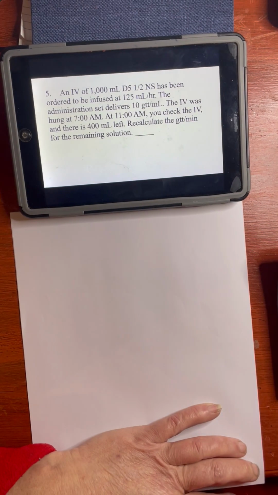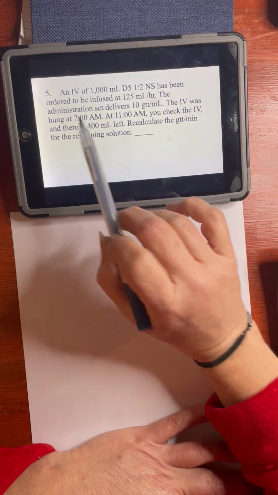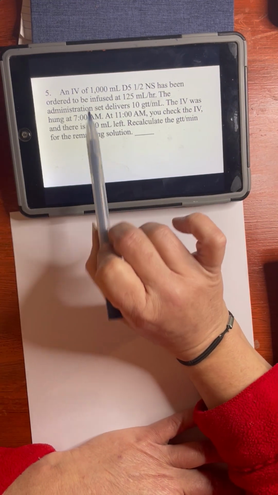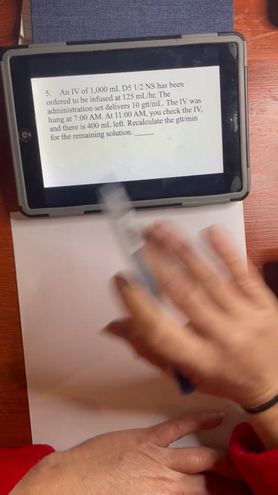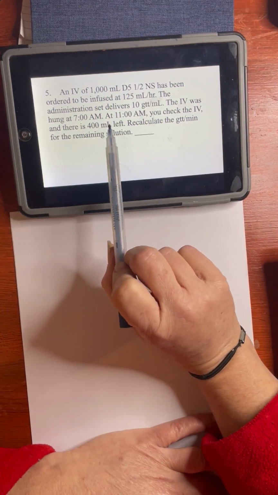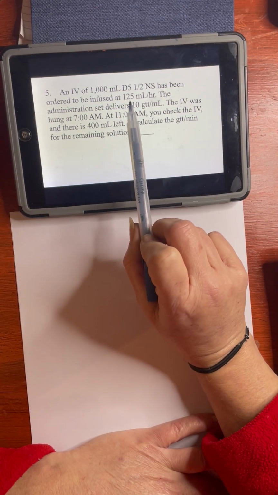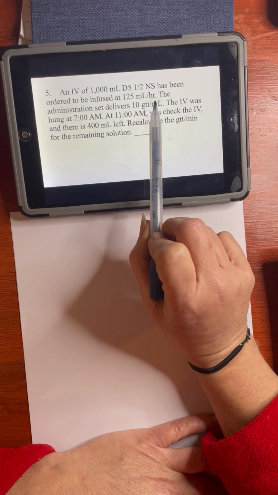Okay, with this problem, they never told us the hourly rate. They didn't say it was supposed to hang over 10 hours or 8 hours. All they told us was it was going at 125 milliliters an hour.